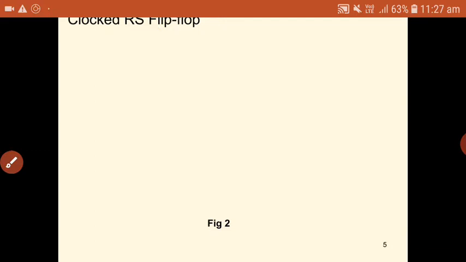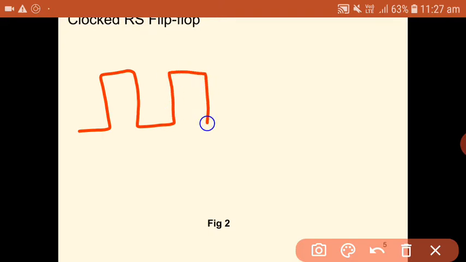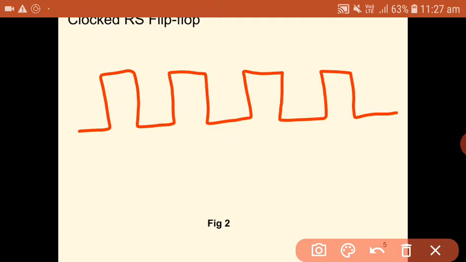In a similar manner, if you observe edge triggering, again I am considering the same clock pulse like this, in which the output of the flip-flop will be checked only at the instant where the clock is changing its state from logic 0 to logic 1 or logic 1 to logic 0. This is known as positive edge triggering and this is known as negative edge triggering.